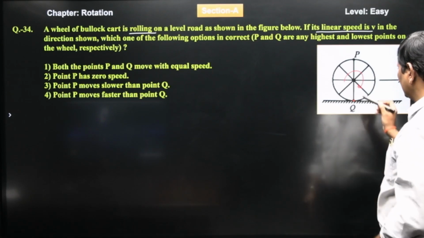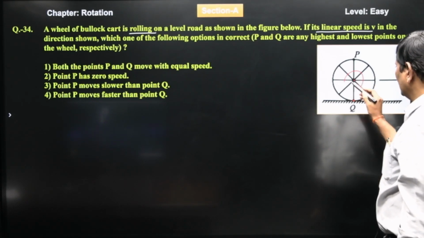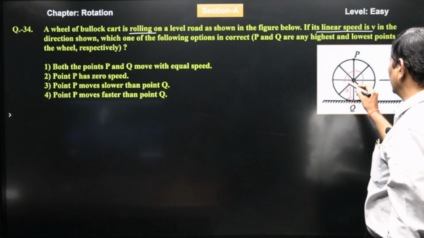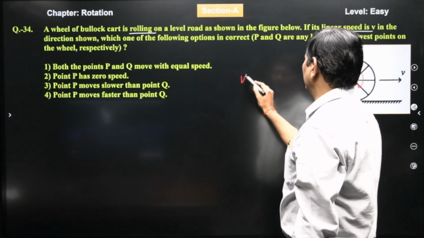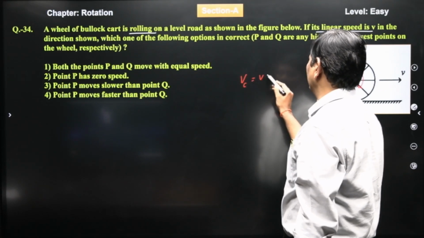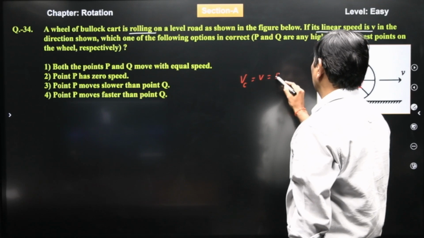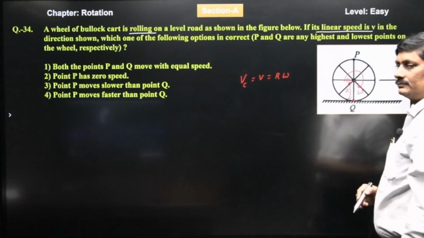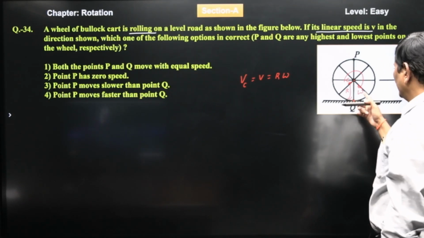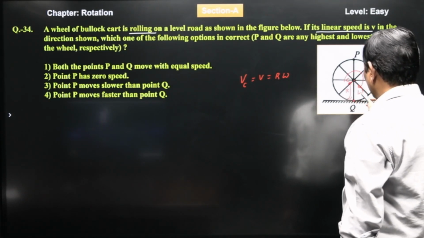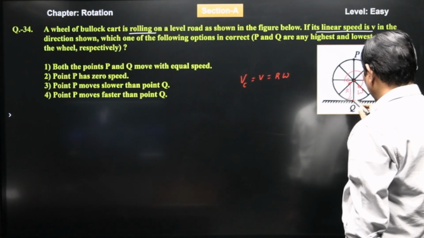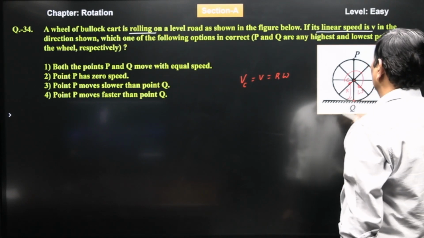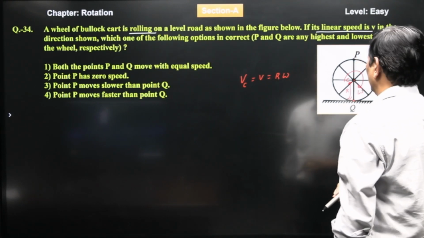In such a case, the center point C is at a distance of r, say radius. So, the linear velocity Vc, that is given as v, is equal to r omega, where omega is the angular velocity of the wheel about the point of contact, at that instant, at that moment, for the center v is equal to r omega.